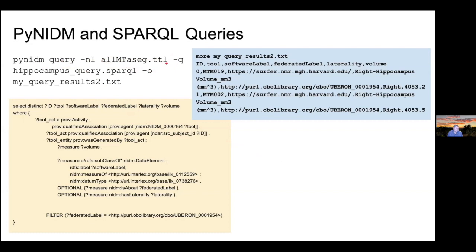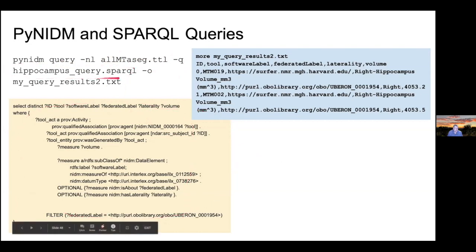So the TTL in this case is called Turtle, and that's a specific RDF format. And so the IDM tools output RDF in this Turtle format. And you specify the query. Again, this query is a document.